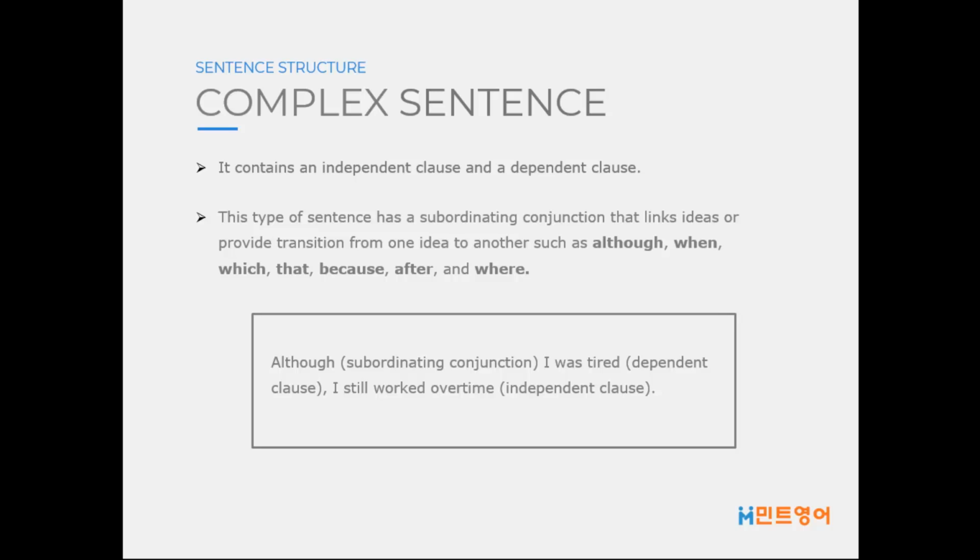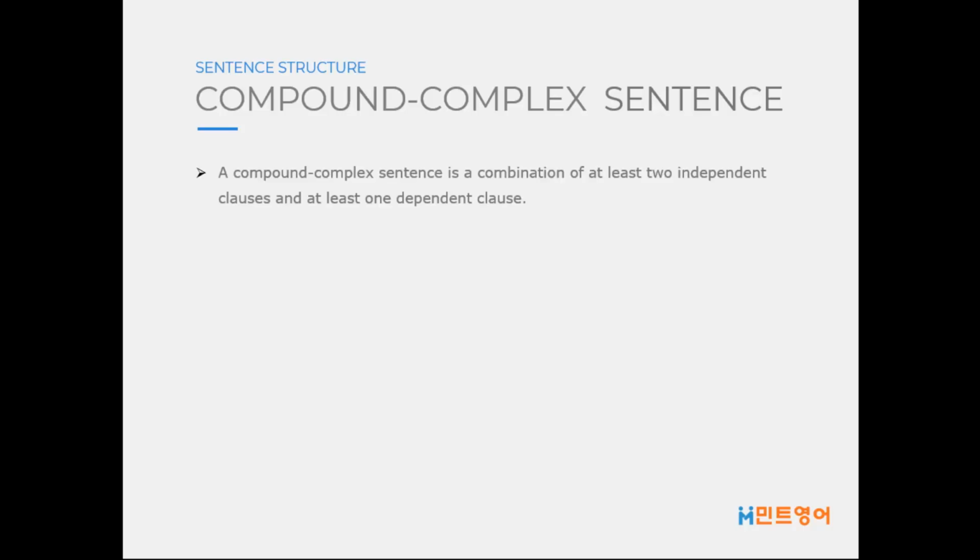A compound complex sentence structure is a combination of at least two independent clauses and at least one dependent clause. This structure helps express longer and more detailed ideas.